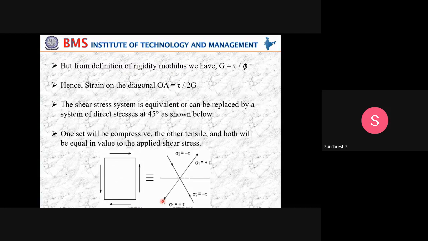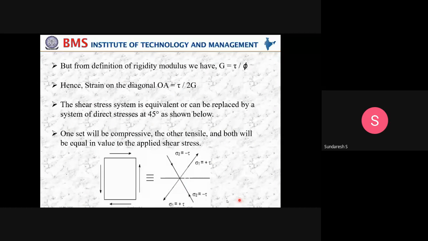See here, along OC or along OA, sigma 1 is tensile, whereas along the opposite diagonal it will be subjected to a compressive stress. One side is stretched, one side is compressed. So there are two stresses acting: one along the diagonal OA, which is tensile in nature, and another perpendicular to the diagonal OA, which is compressive in nature.